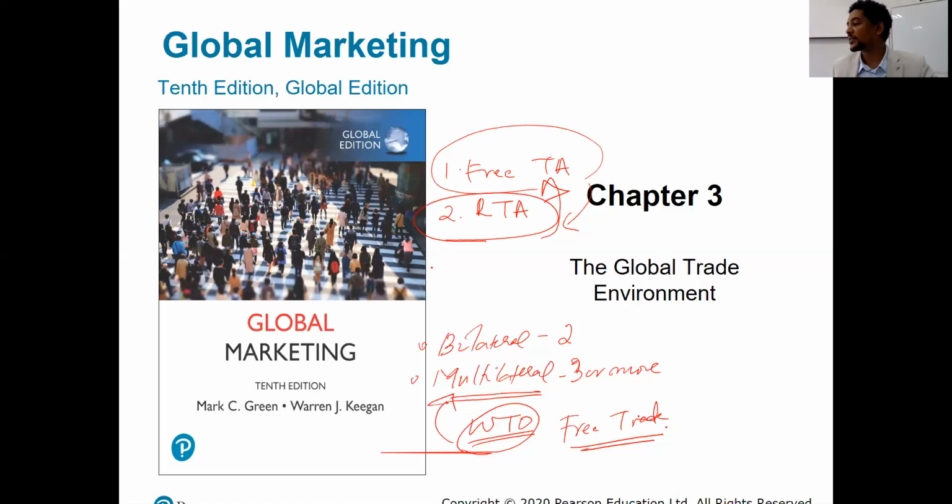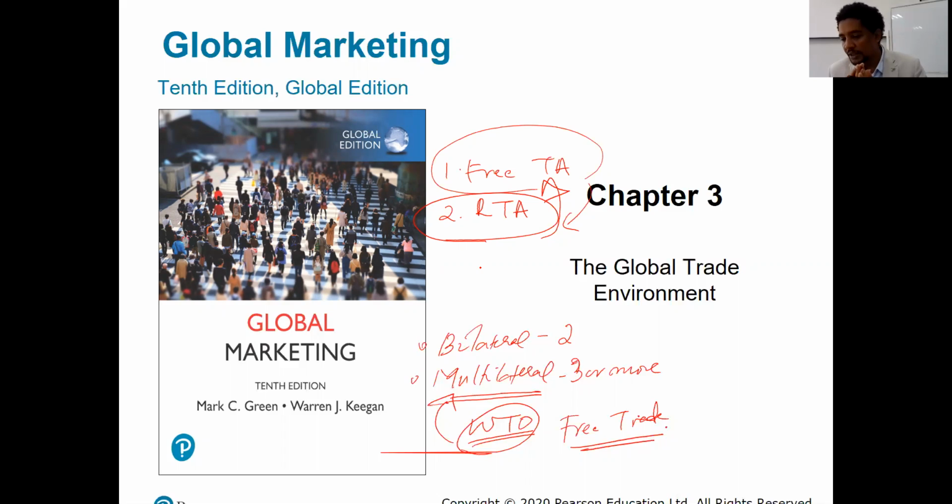Regional trade agreements could be free trade agreements, but not all free trade agreements are regional trade agreements. Okay, because if you take, for example, the North American Free Trade Agreement, it could be called a regional trade agreement because it's among countries in the same region in North America, right?